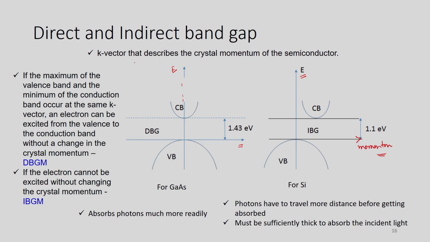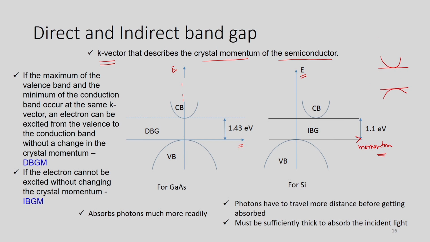There is a term called the K vector that describes the crystal momentum of the semiconductor. Even though we have considered the conduction and valence bands to be flat, this is not so. There are variations, and it is not always uniform; it will be like some kind of waveform.